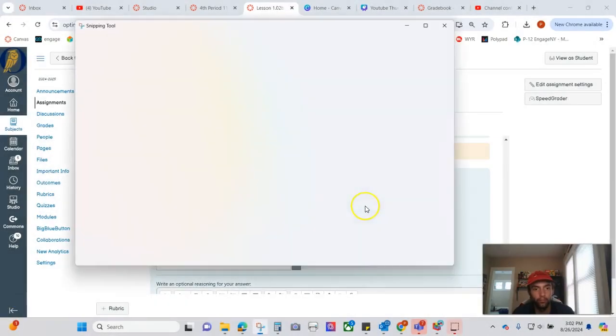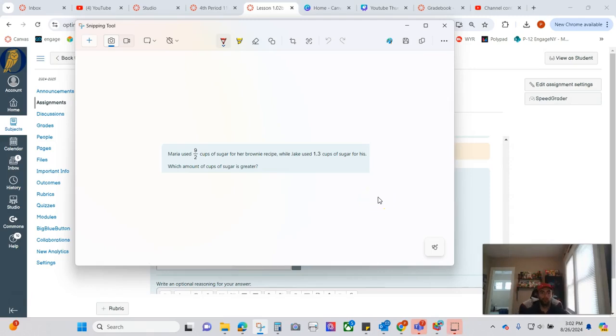Let's see. So we have one decimal and one fraction. So let's try and turn that fraction into a decimal to compare them, see which one's bigger. So 9/2. Let's turn that into a decimal so we can compare it with 1.3.